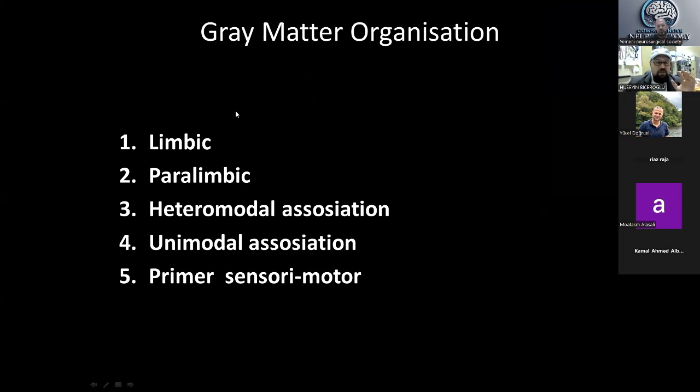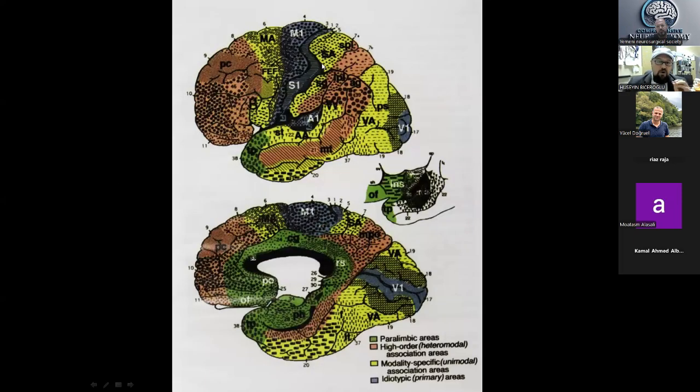The cortexes are divided into 5 different areas: the limbic areas, the paralimbic areas, the heteromodal association areas, the unimodal association areas, and the primary sensory motor areas. So this is our basic histological differentiation. The gray areas are the paralimbic areas.